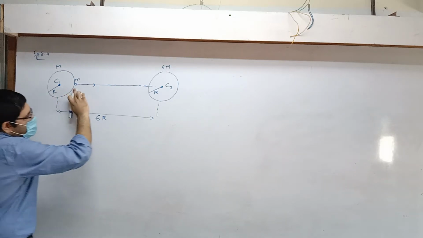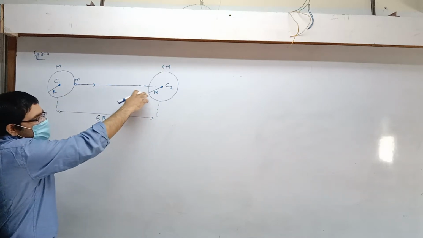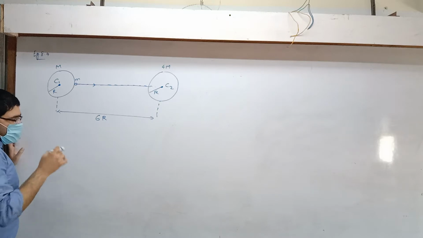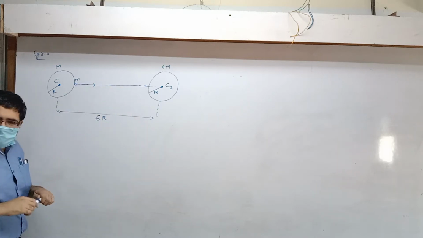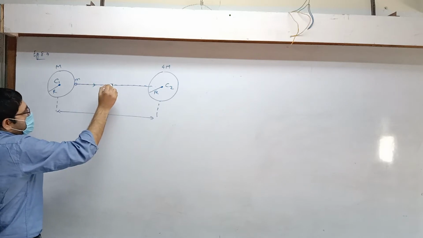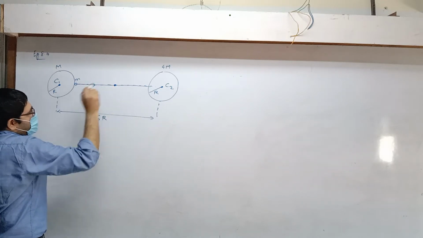You have to throw it from here. It should be fast enough so that it can reach the other one. Right? Okay. But you see, you don't need to send it all the way. There is one little thing here. Suppose you consider that there is one point here.